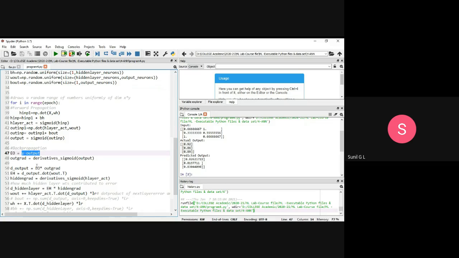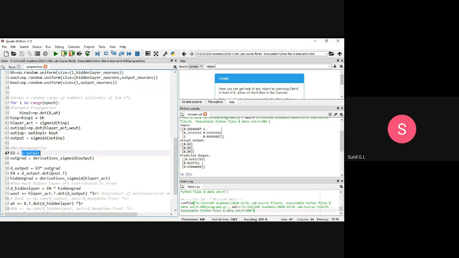Once we get that d output, the multiplication of the error with the derivative of output, we multiply with the input. That will be multiplied with the weights.